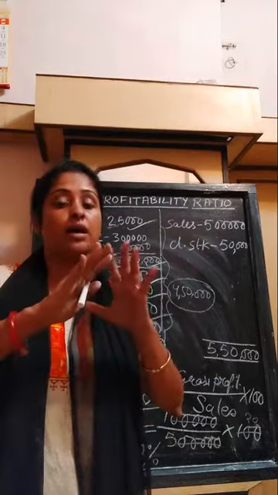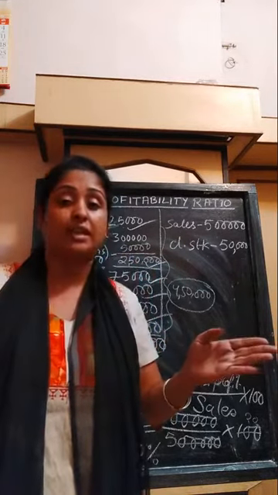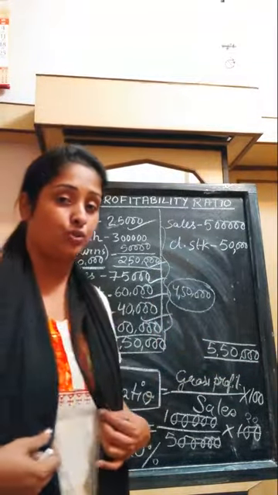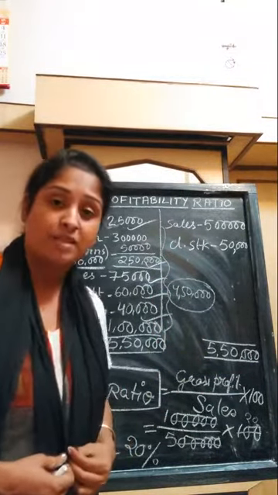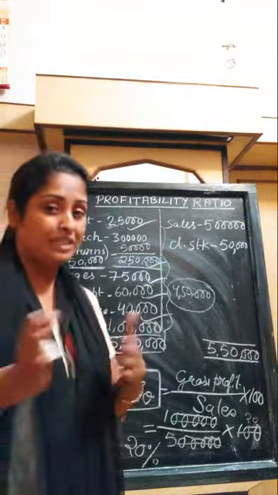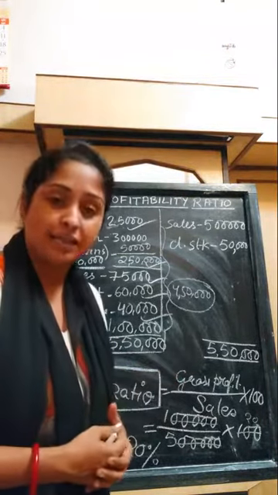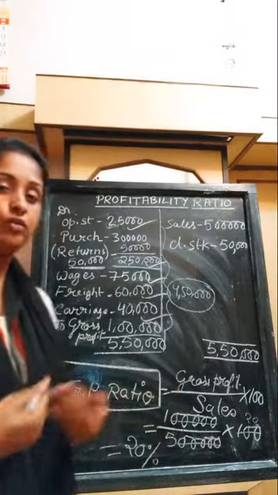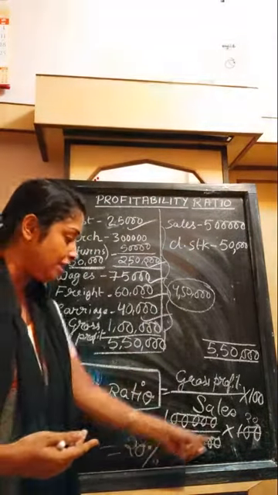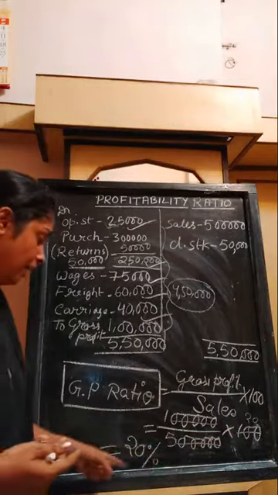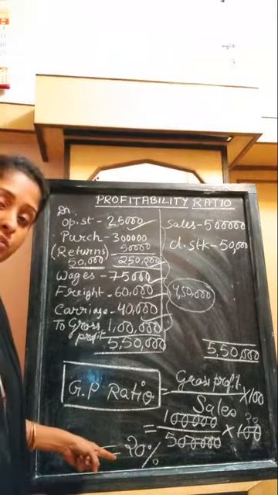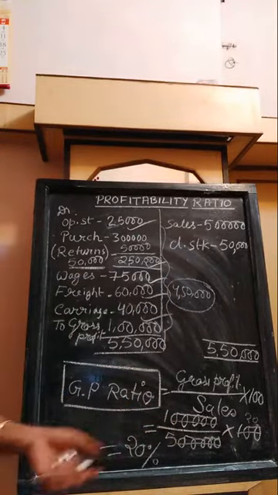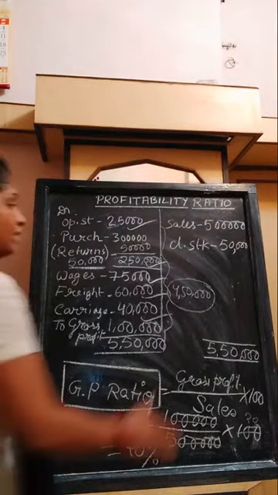Items related to the amount, to the items in trading account. Those items will be provided to you. All direct expenses will be given to you. You have to deduct the direct expenses from the sales and closing stock and find out the gross profit. That gross profit you will divide by sales into 100 to find out the percentage of gross profit ratio. This is how you will be given the sum, and this is how you have to solve the sum.